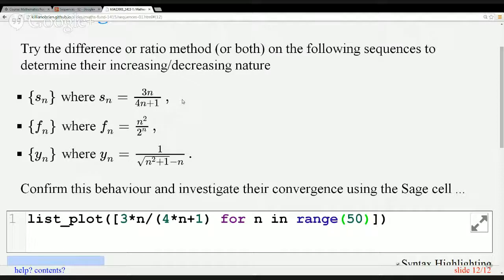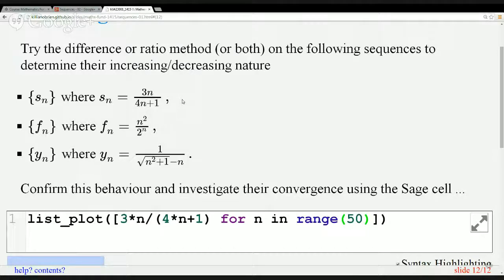As n gets very large, you're taking something quite large, 3n, divided by something fairly large as well, 4 times n. The fact you're adding a 1 on to the 4n becomes less and less significant as n gets larger.